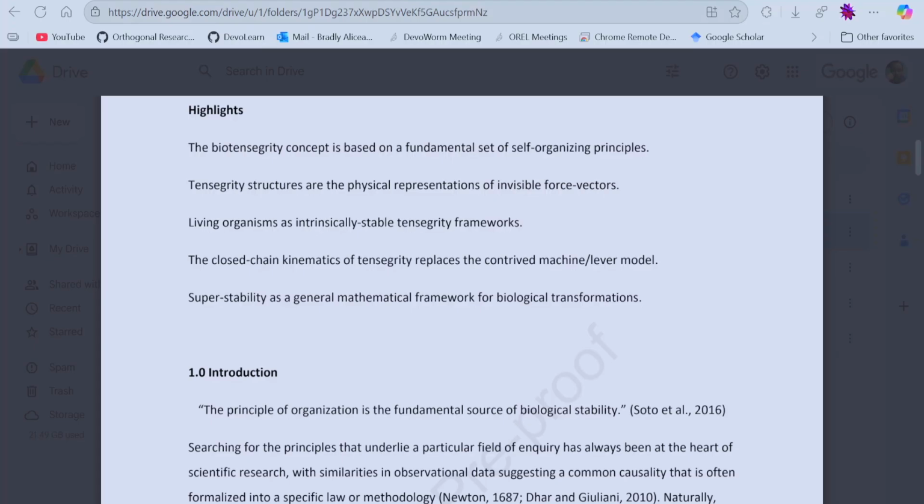They talk about tensegrity structures being the physical representation of invisible force vectors. Living organisms are intrinsically stable tensegrity frameworks. The closed chain kinematics of tensegrity replaces the contrived machine lever model. So if you think about kinematic chains, you have forces that are propagated outward from a central point.